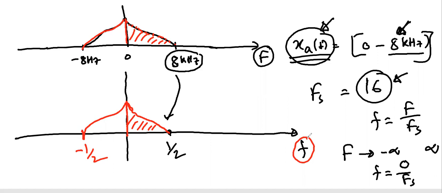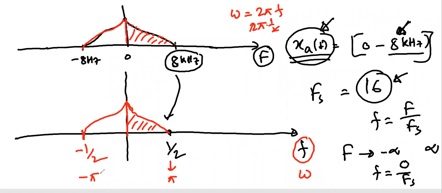Now, if I want to make it in the scale of omega, what should be the value replacing half? Pi. We know omega is equal to twice pi f. So twice pi multiplied with half, you find only the pi. Very good. And the -half will be replaced as -pi.